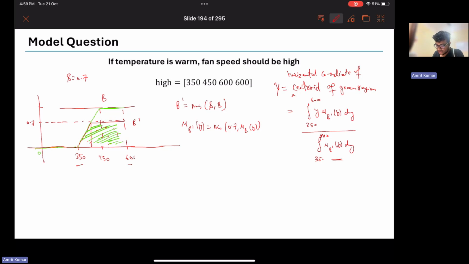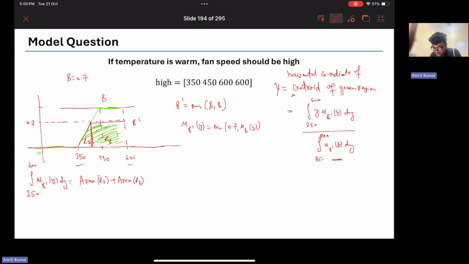So this area can be divided into two parts, right? R1 and R2. R1 is a triangle and R2 is a rectangle, right? So we will easily infer that the integral from 350 to 600 is the area of R1 plus the area of R2, right?